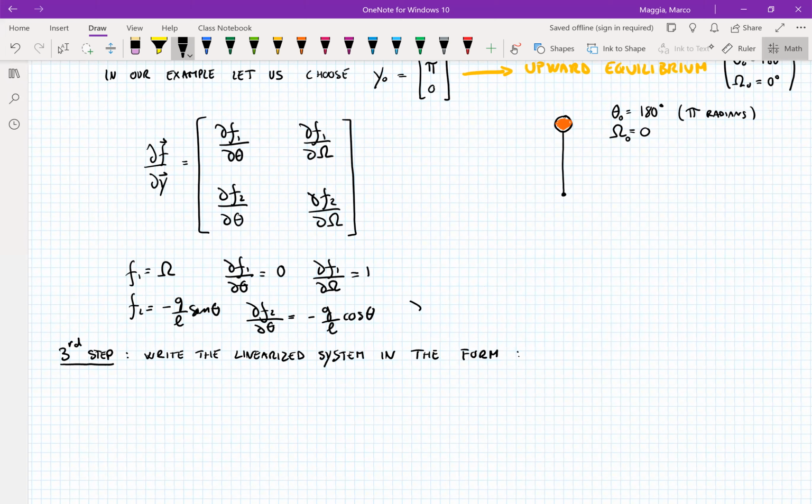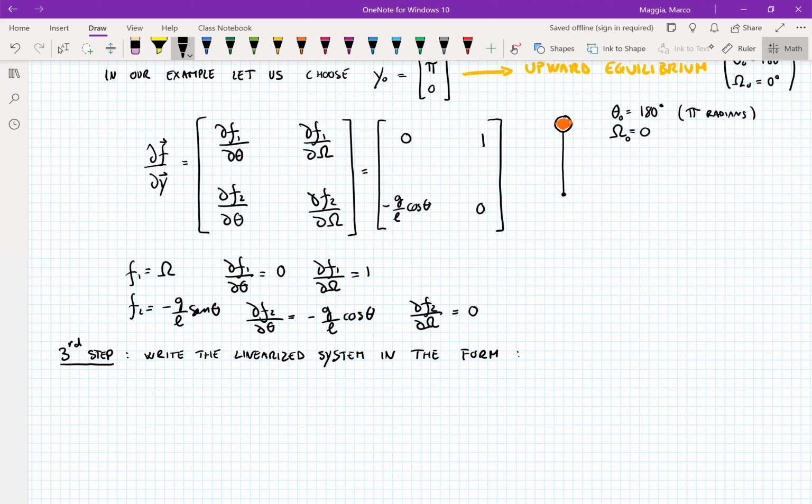And what about the partial derivative of f2 with respect to omega? Well, there's no omega in f2, so the partial derivative is 0. So now we can construct the Jacobian matrix. Fill it in: 0, 1, minus g over L cosine of theta, and 0.